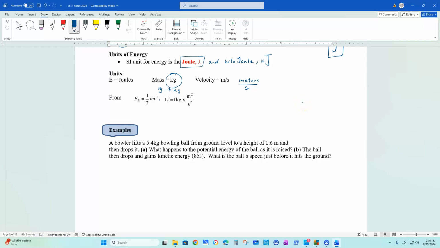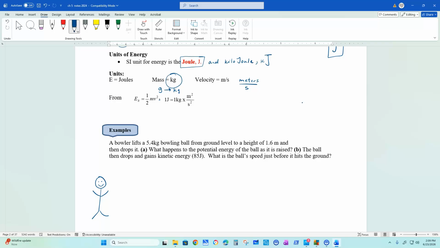We have a bowler, okay? And because I got a lot of athletes in the class, let's say this bowler right here. Oh, we'll go with Brandon. Okay. Brandon is bowling, and he's bowling with his friends, Brian and Giancarlo. Okay.